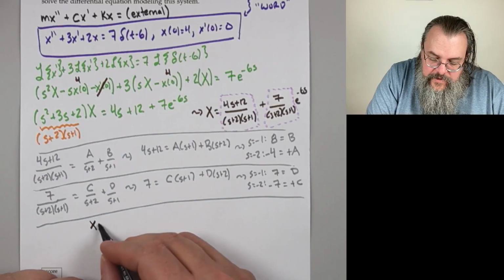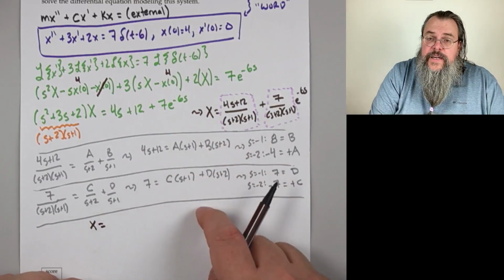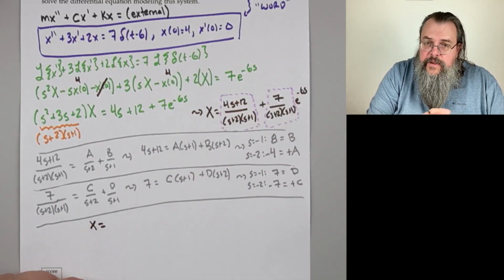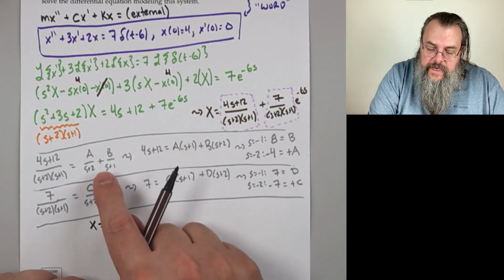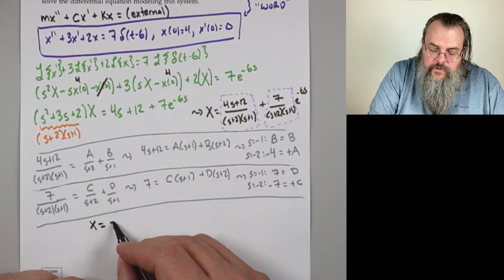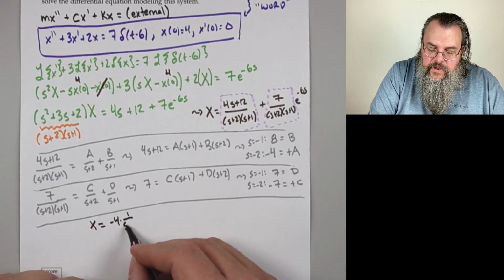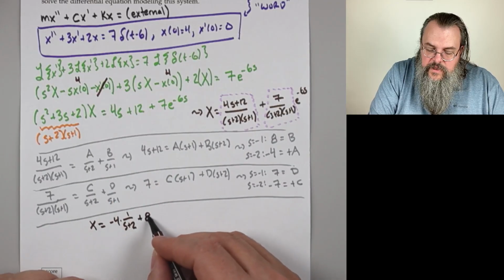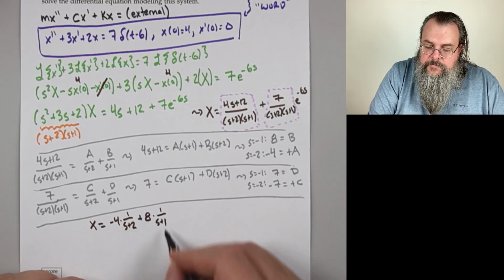We have x. Using our partial fraction decomposition, we can rewrite this, expanding it out. The first piece is going to become a -4, 1 over s plus 2, and then a +8, 1 over s plus 1.